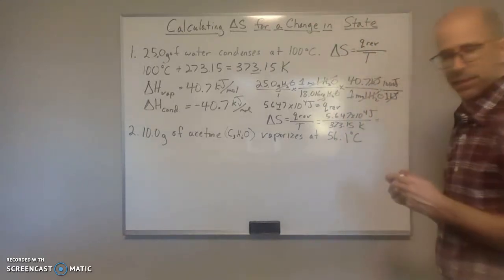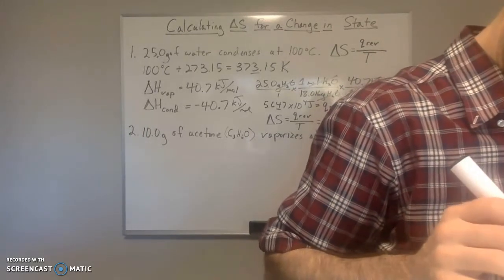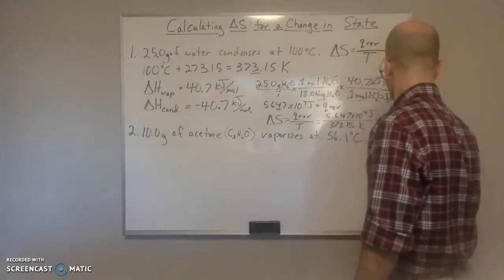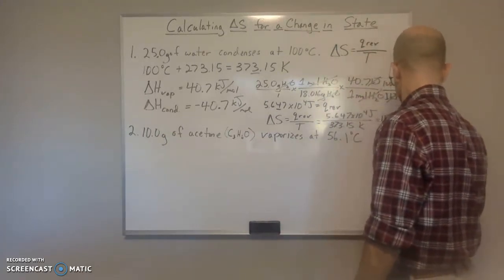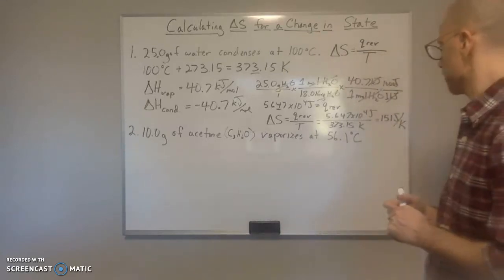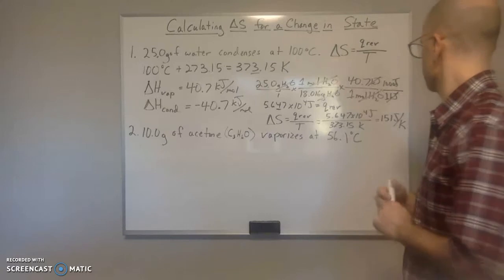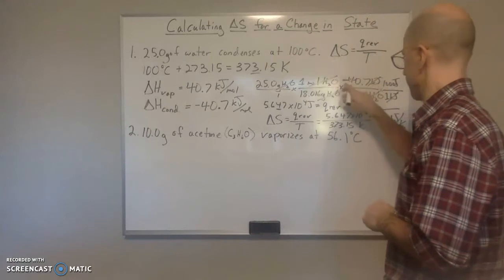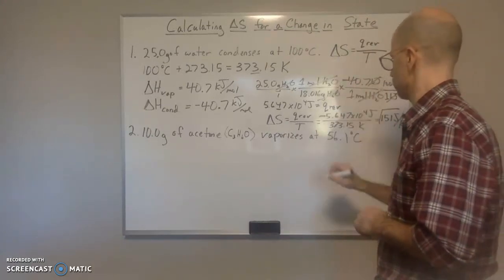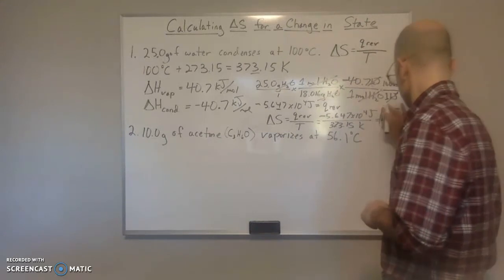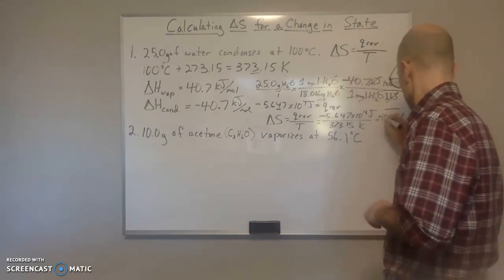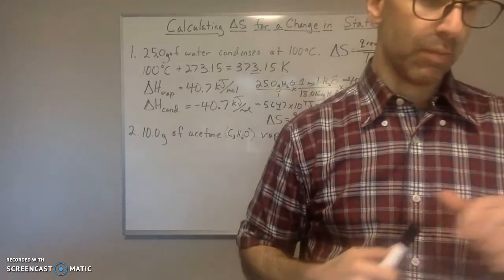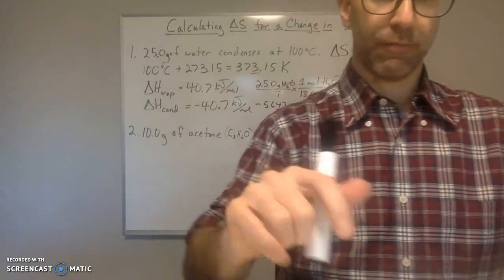And then we calculate that out, and we get 151 joules per Kelvin. And this should be negative, right? I forgot the negative there. So this is a negative 151 joules per Kelvin. So that is the first problem.